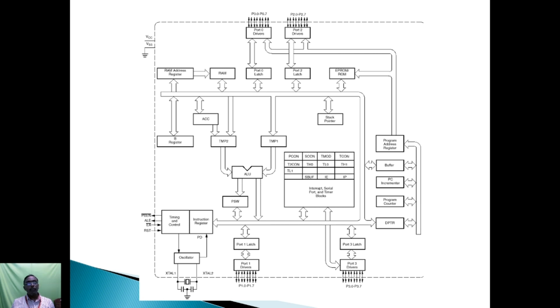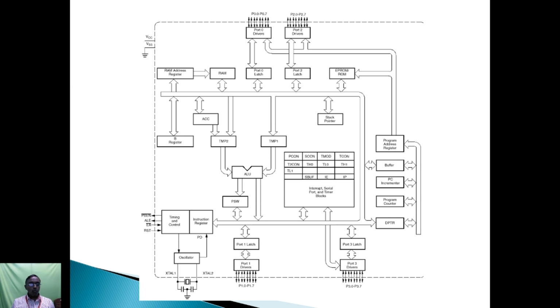Port 0, port 1, port 2 are I/O ports, but the third port is a special port because it has some specialities: interrupts, timer, counter are enabled. Next one is PSW. PSW means program status word.